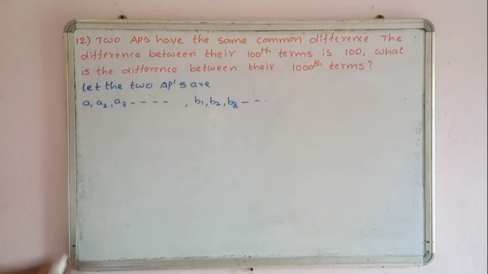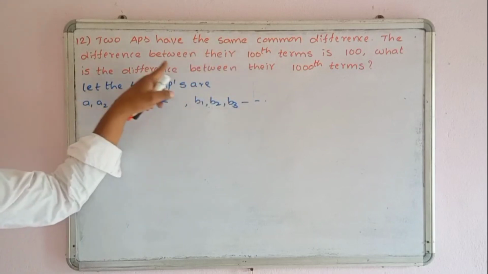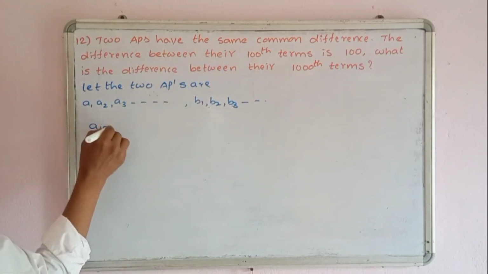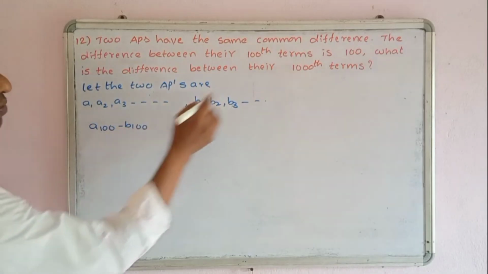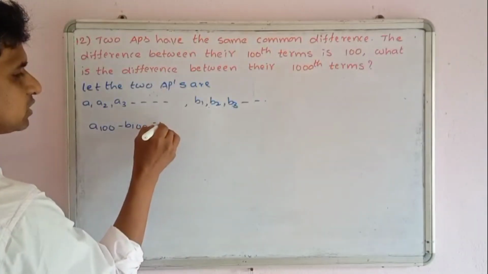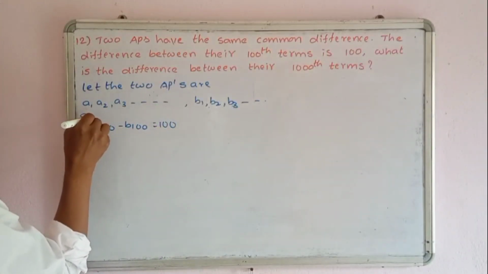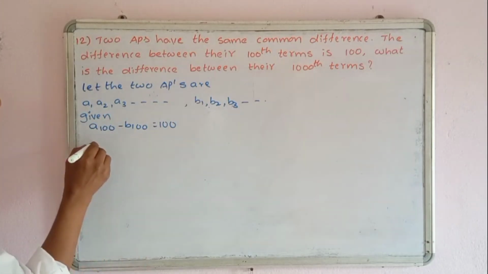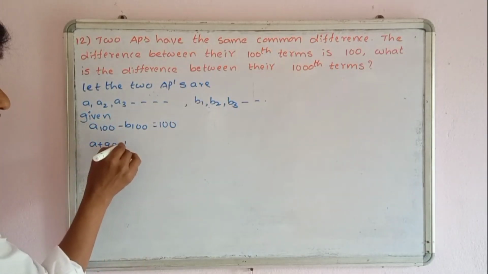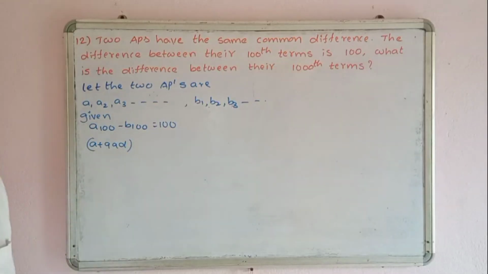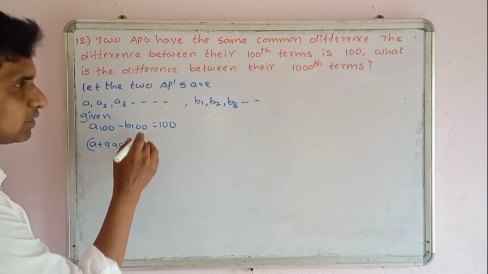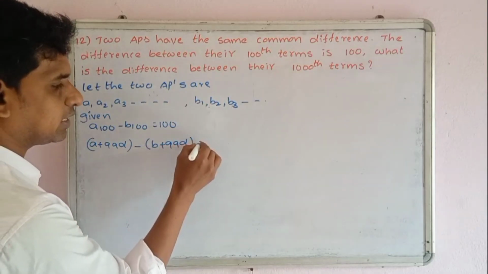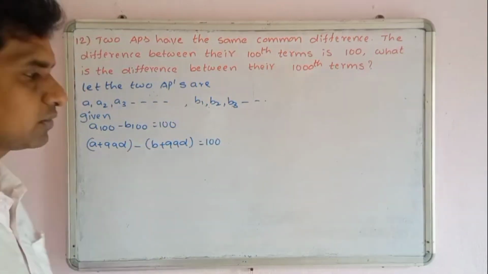Here the difference between their 100th terms, so A100 minus B100, is given how much? 100. A100 minus B100 is 100. What is the formula of A100? A plus 99d. A plus 99d minus B100, which is nothing but B plus 99d, equals 100.